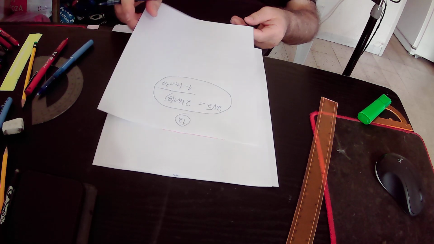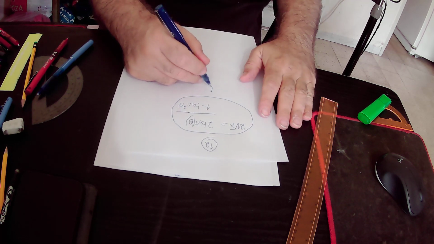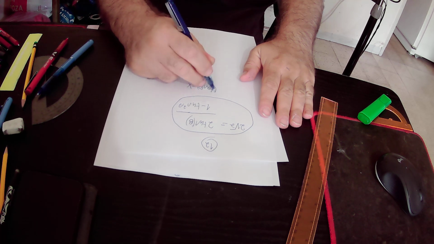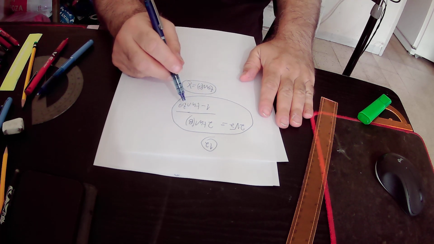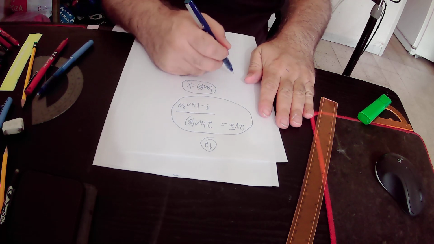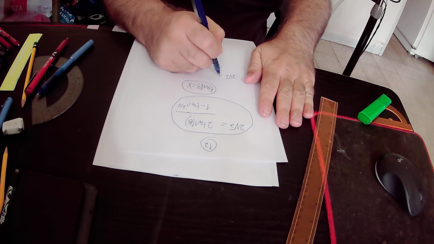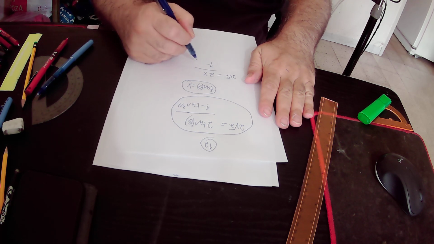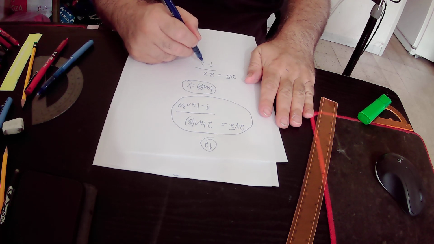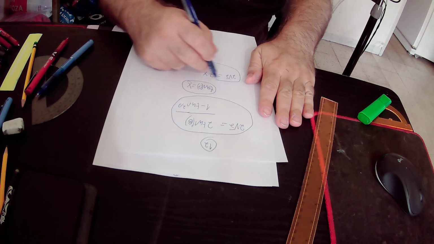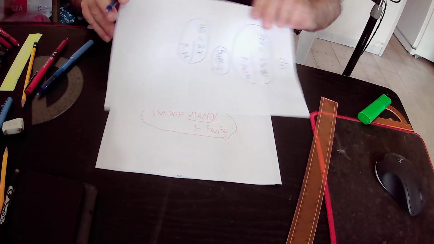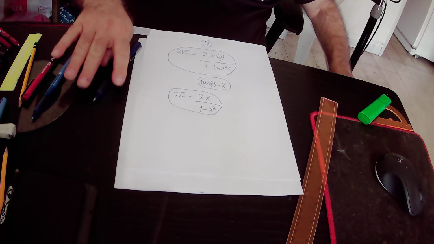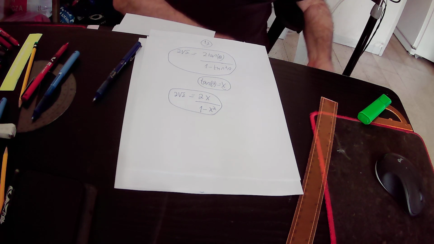We substitute tangent theta by x, and we get that 2 times root 2 equals 2x over 1 minus x square.